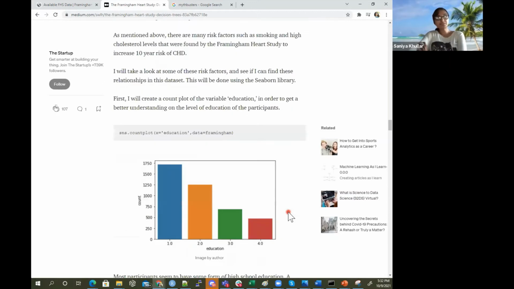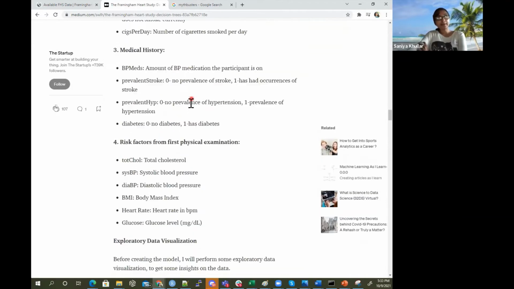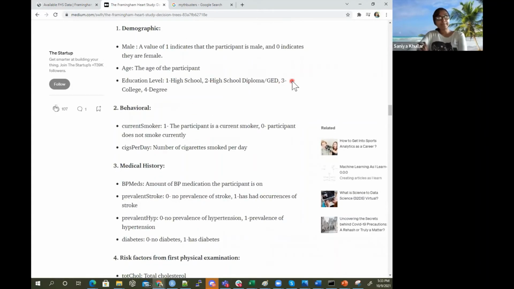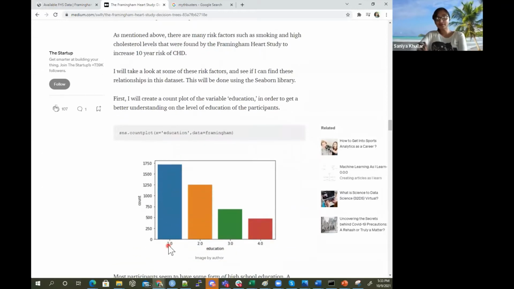And then they do some exploratory data analysis where they look at all these individuals in the Framingham Heart Study, and they try to figure out how much education each person has, where 4 is some degree, 3 is college, 2 is high school. 1 means you dropped out of high school. So a lot of these people were high school dropouts.